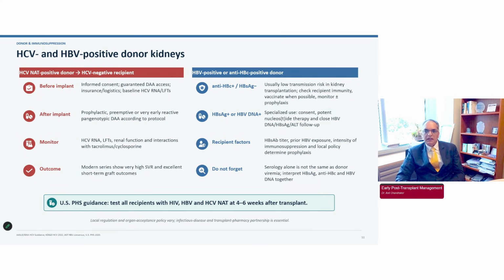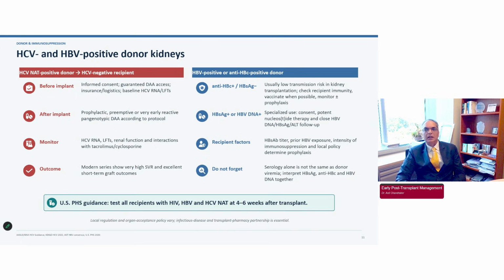The decision about prophylaxis will be made in the context of the recipient factors, such as whether they have a surface antibody titer that is positive, whether they have previous HBV exposure, and the intensity of the immunosuppression as well. Now, when you have a hepatitis B surface antigen positive or HBV DNA positive kidney, then you need to make sure, obviously, the patient's consented for that.